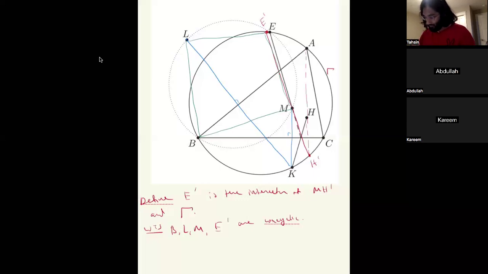So this is equivalent to saying that angle LEM, which is also angle LEH prime, which is a little bit more natural, is 180 degrees minus angle LBM. I claim you really can calculate angle LBM in this case.